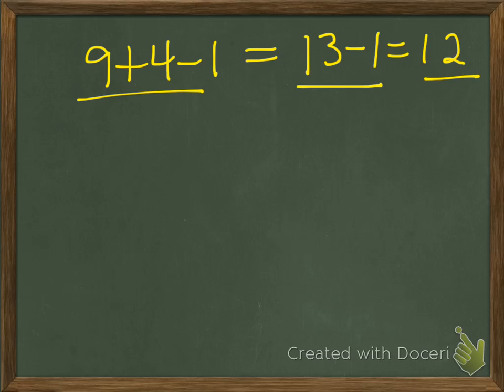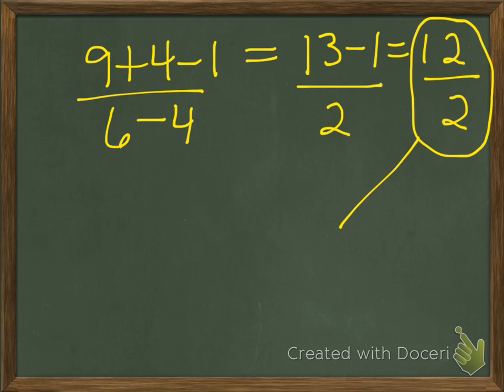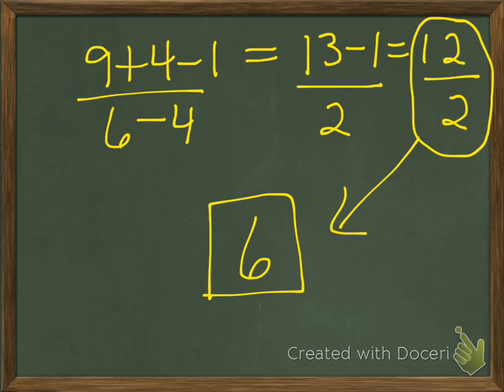So 6 minus 4 is 2. So my problem is now 12 divided by 2, and 12 divided by 2 is actually 6. So after dealing with the numerator and denominator separately, I get 6 for the solution. And those are all of the problems from Chapter 1, Section 2.